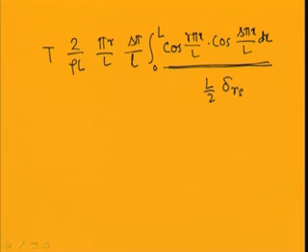That means when r not equal to s, this value is 0, and when r equal to s, delta r s equals 1. So, when r equal to s, you can find this value equal to 2 by rho L into pi square r s by L square, so 2 pi square r s by rho L cube.